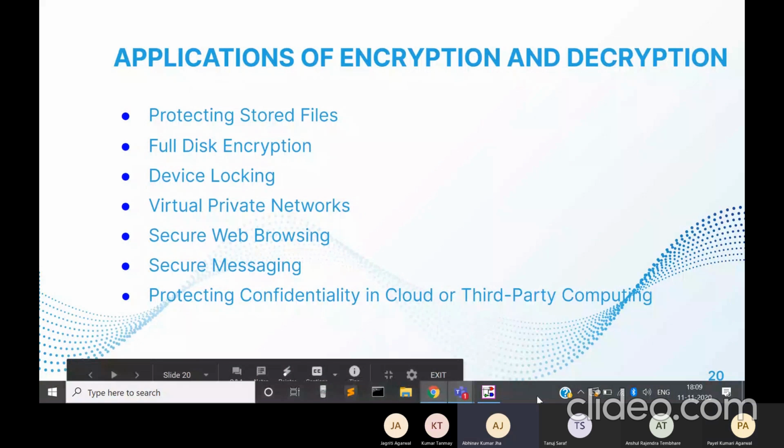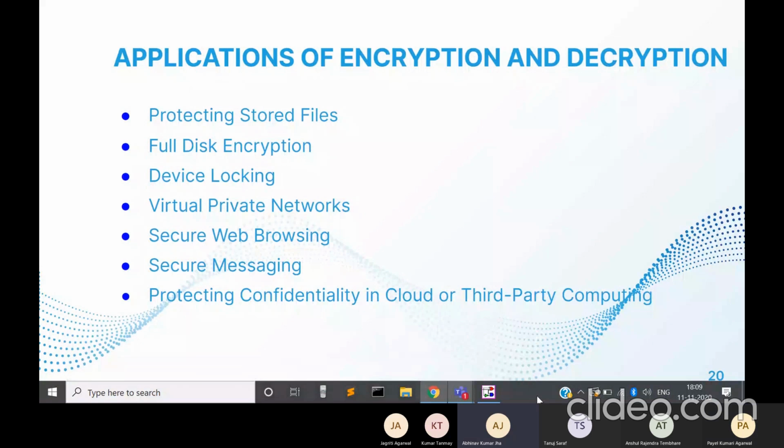So talking about advantages, computer applications, software, and hardware all integrate encryption to accomplish objectives that users value. The first application is protecting stored files. The applications that protect a single file or a few files always use symmetric encryption to protect the file content.